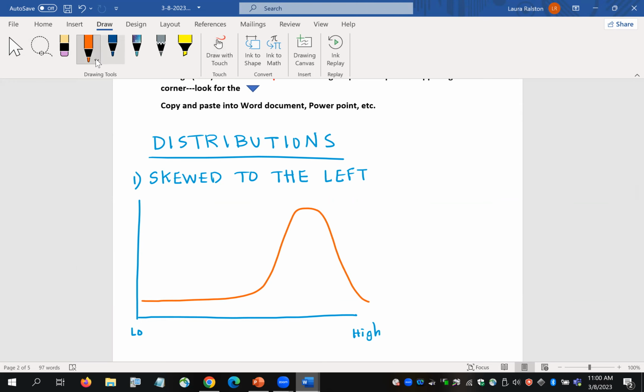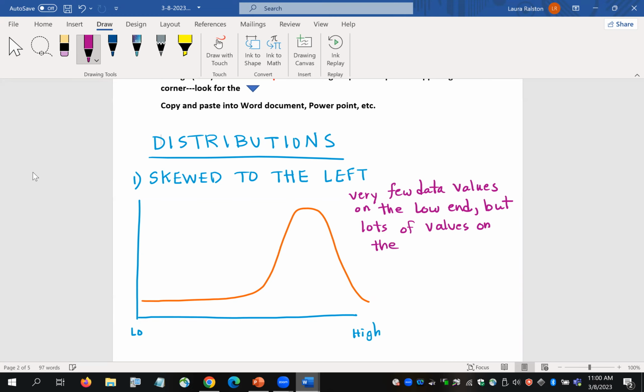Okay, so skewed to the left, you have very few data values on the low end, but lots of values on the high end.